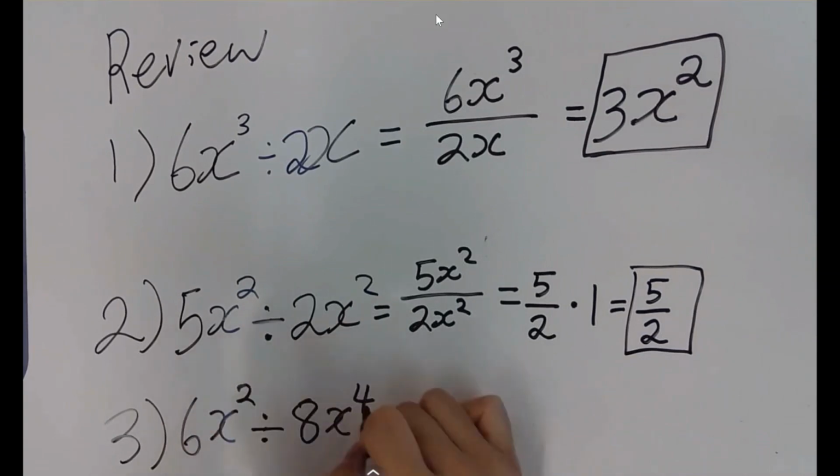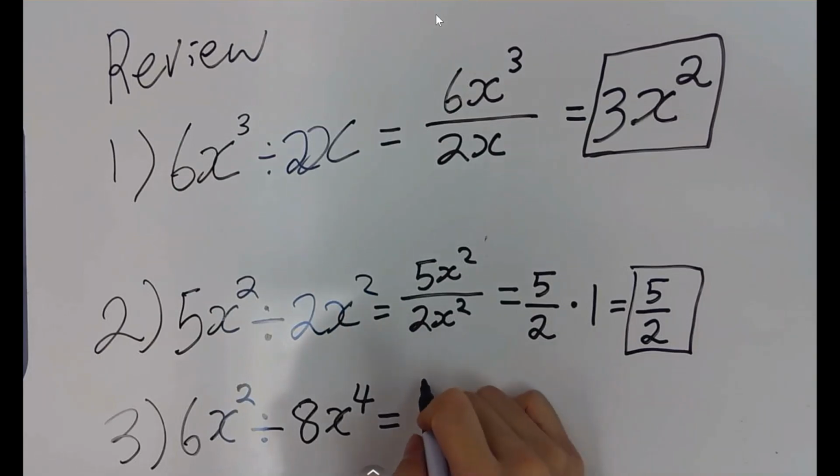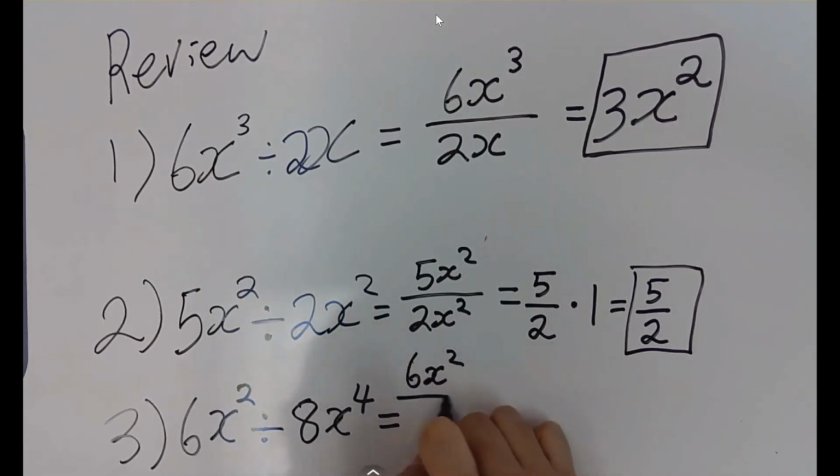And the next question is going to be slightly different. 6x squared divided by 8x to the power of 4. So let's rewrite that as a fraction. So I have 6x squared over 8x to the power of 4.